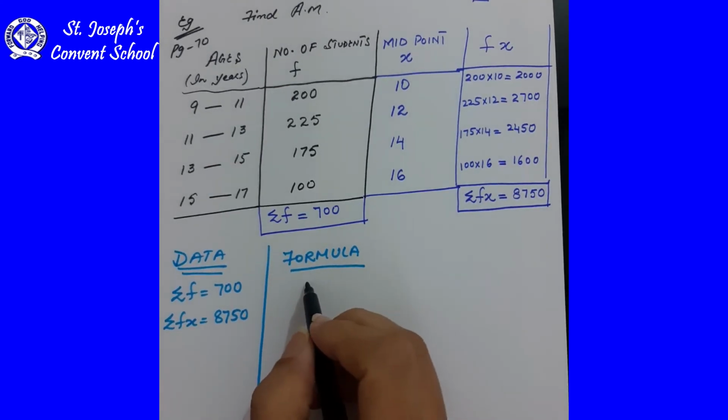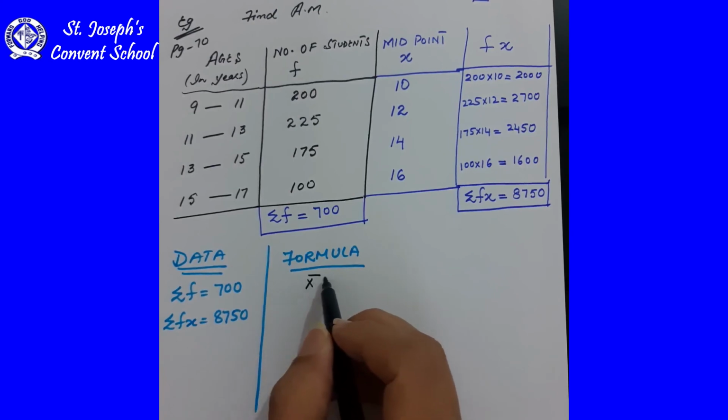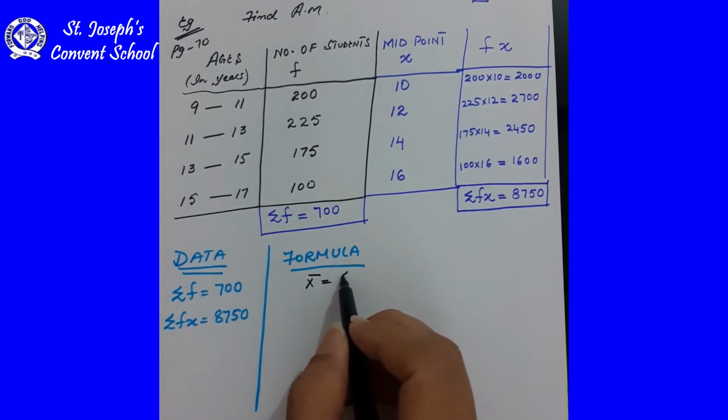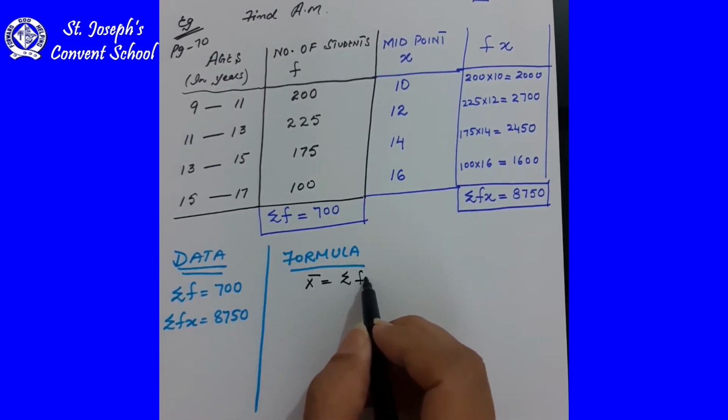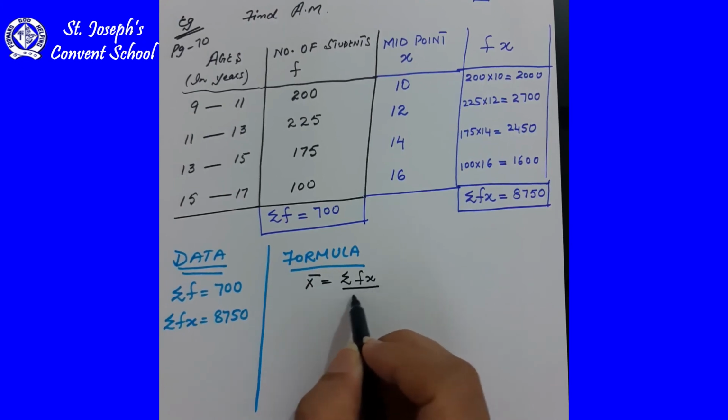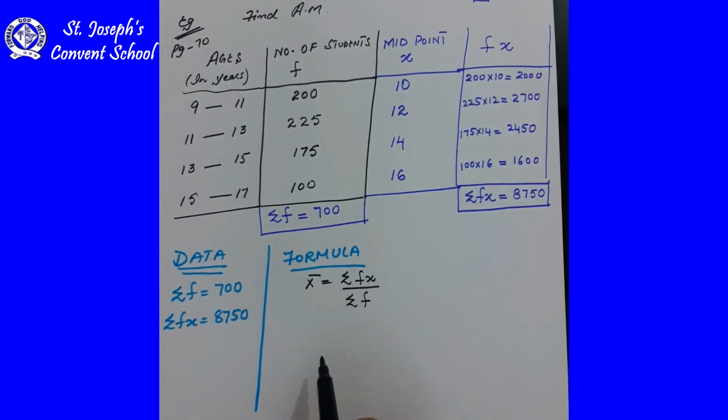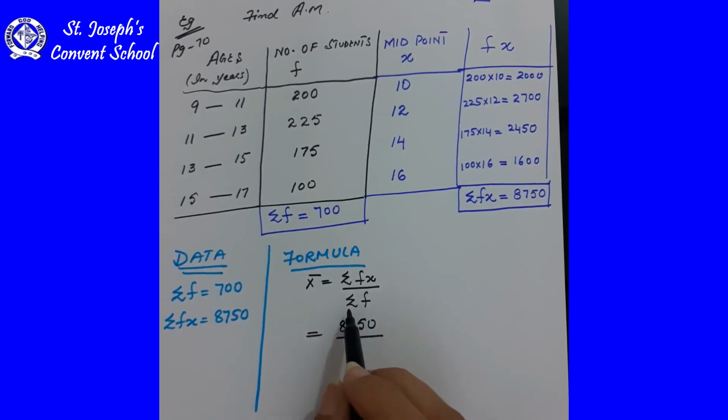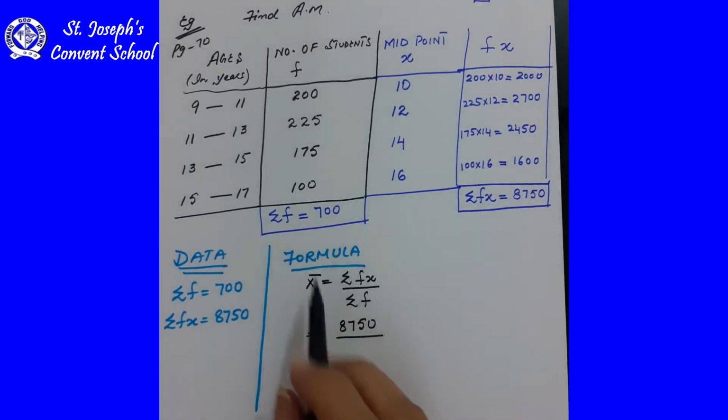Formula of arithmetic mean is x bar equals sigma fx upon sigma f. Now you know the value of sigma fx. Sigma fx is 8750, divided by sigma f, this total, 700.